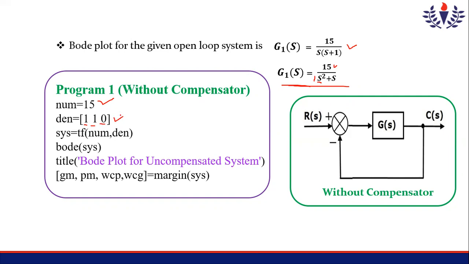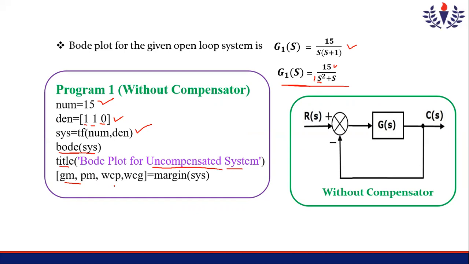Once we know the numerator and denominator, we can frame the transfer function. For this transfer function, we apply the Bode plot, and on that Bode plot we place the title, Bode plot for uncompensated system. From the graph, we find the gain margin, phase crossover frequency, and gain crossover frequency, but we are concentrating on the phase margin.